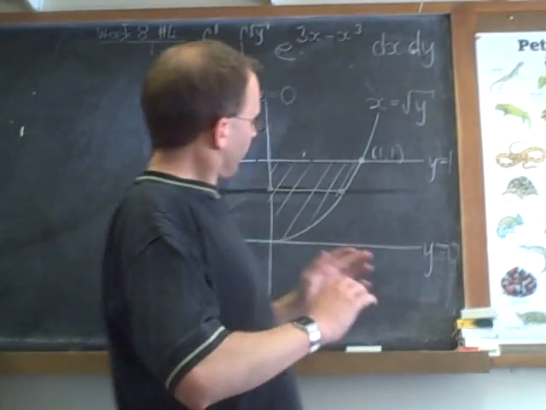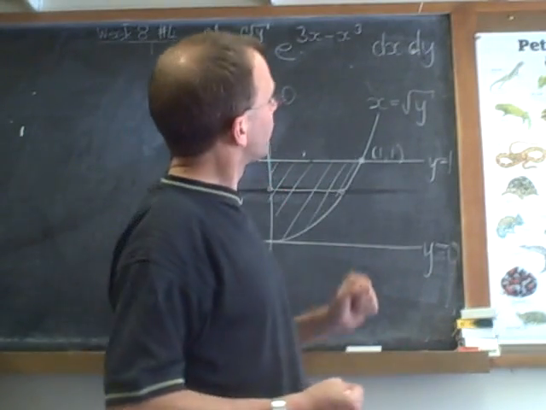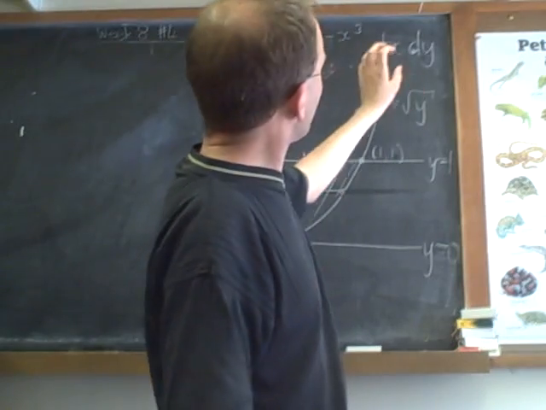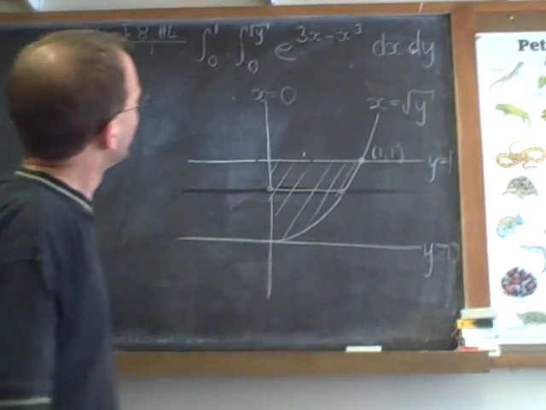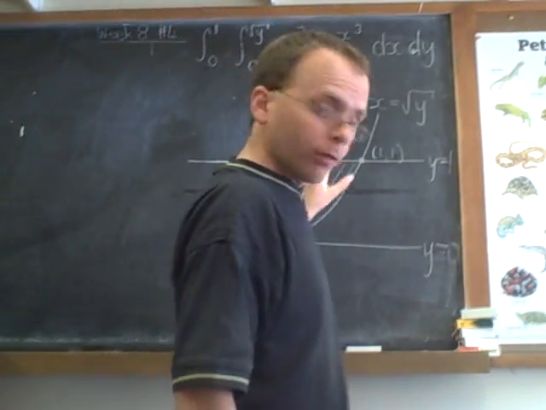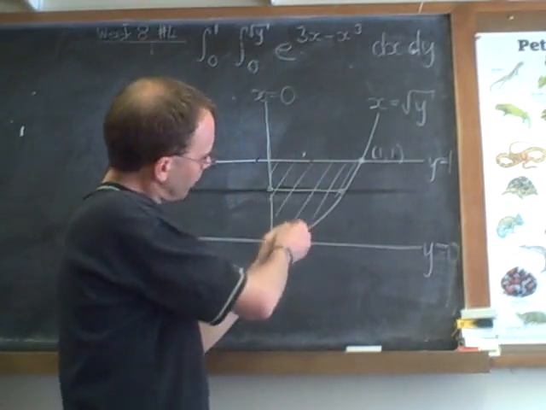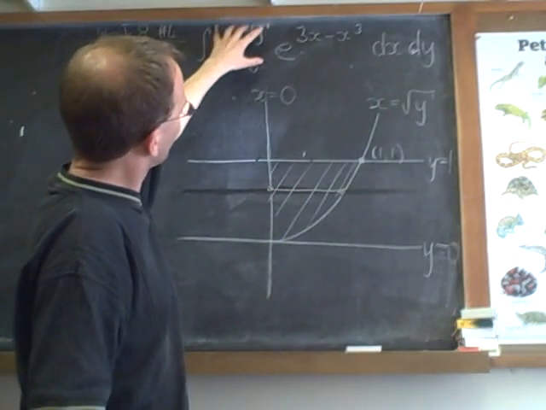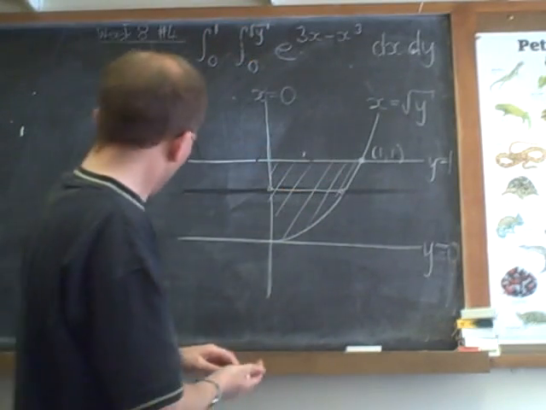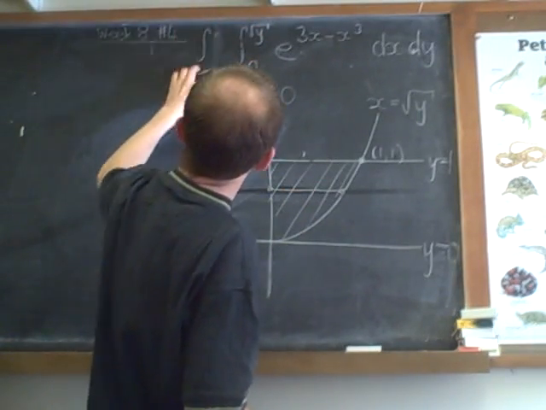Now we've got to reverse this process, but in such a way that we end up with the limits for the dy dx integral. Now we can do this purely from the picture. If we'd been given the region to begin with rather than these limits, we could work this out just from the picture. So let's delete the original limits.